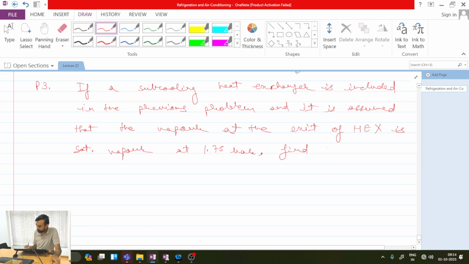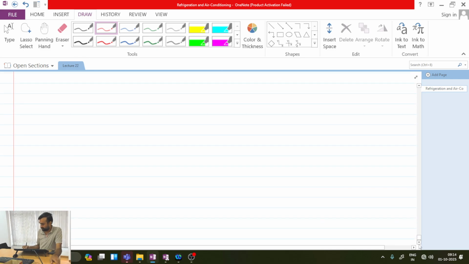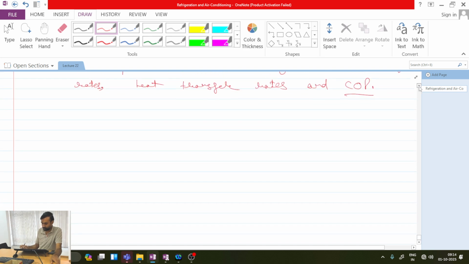Find the mass flow rates, heat transfer rates, and COP. Let me draw the system, because the system will be a bit more complicated.